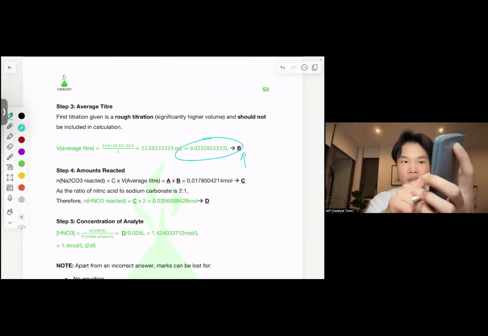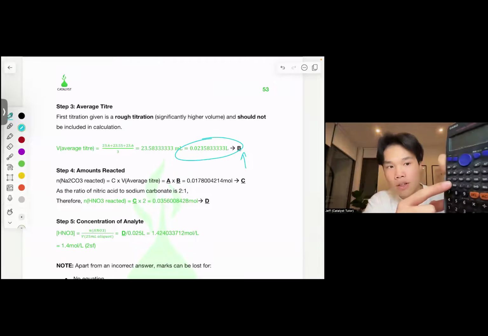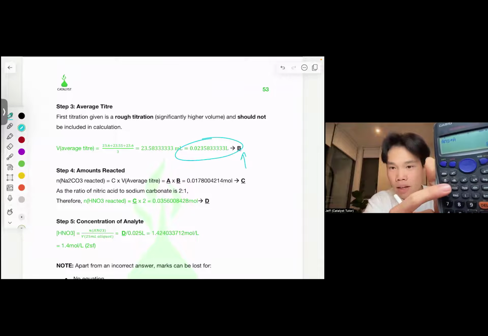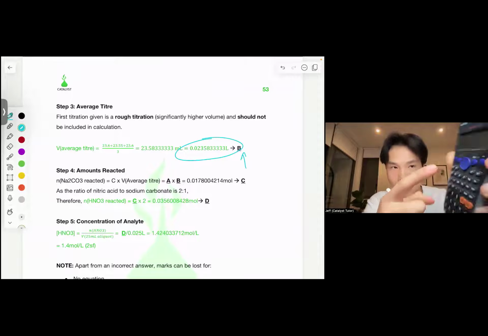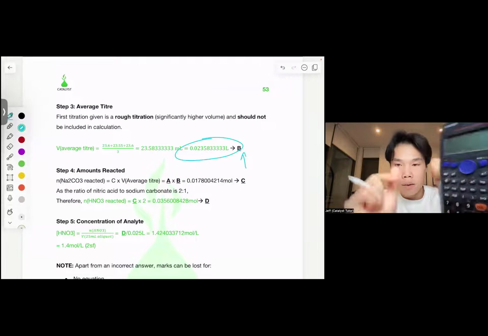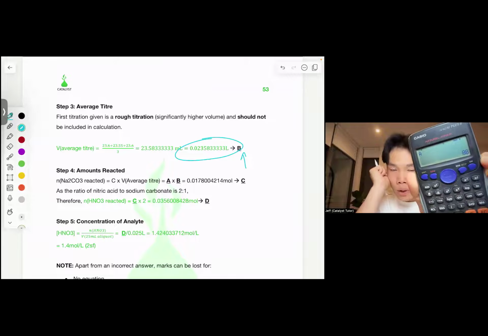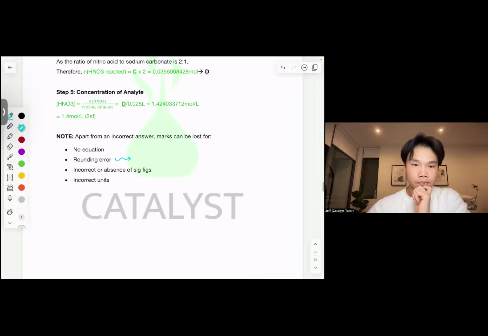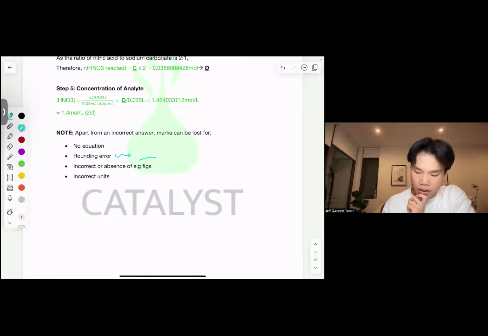I can save this number by pressing Shift Store, and I can pick one of my letters, for example, A. This saves my answer to that letter, and I can recall it by doing alpha A. My A is equal to 88. So you can keep exact numbers in your calculator instead of writing out all the massive numbers. You can reduce it to something like 0.235... and then label it as B as an example. Make sure you have the right sig figs and have units as well going along.